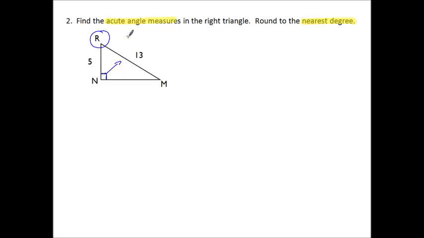Our hypotenuse is over here. Our opposite side relative to R is NM, the side that doesn't touch it. And our adjacent side is RN right here.